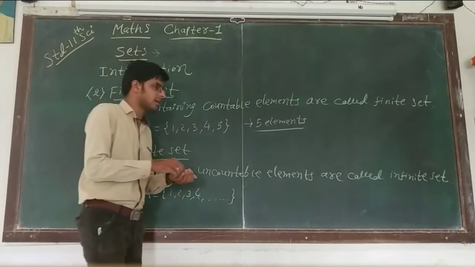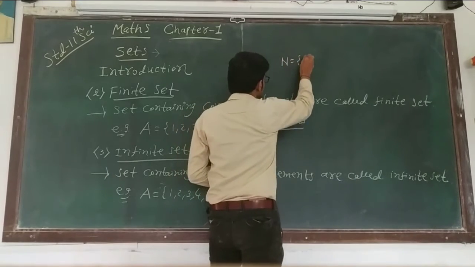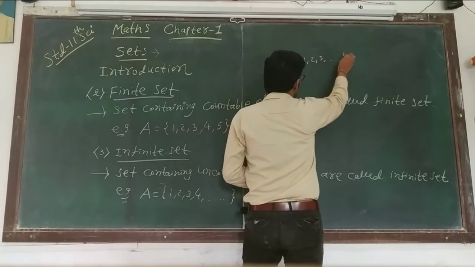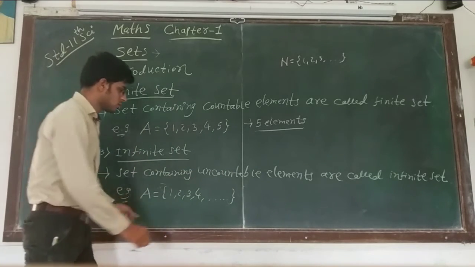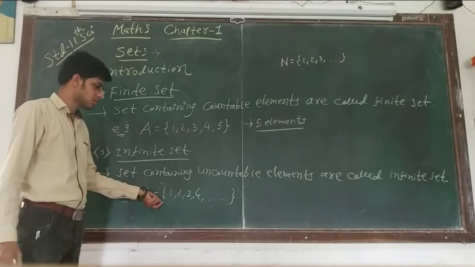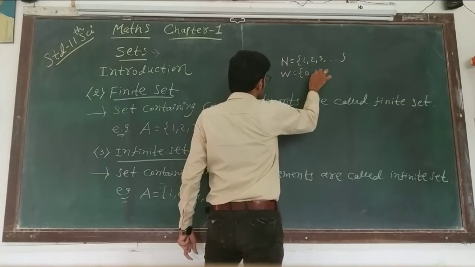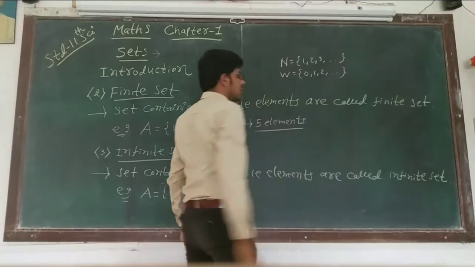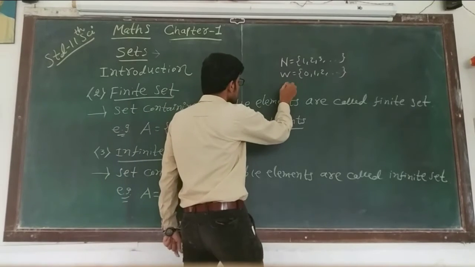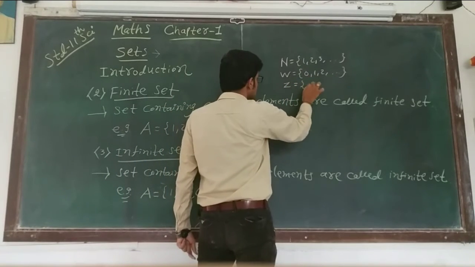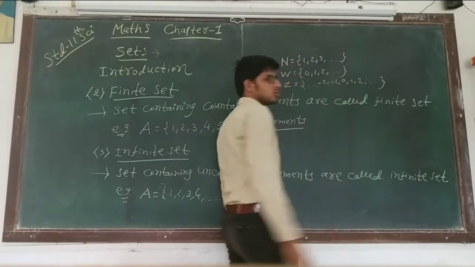One more example: the set of natural numbers N is an infinite set. Second, whole numbers are also an infinite set. One more example of an infinite set is Z, integers: -2, -1, 0, 1, 2, and so on.